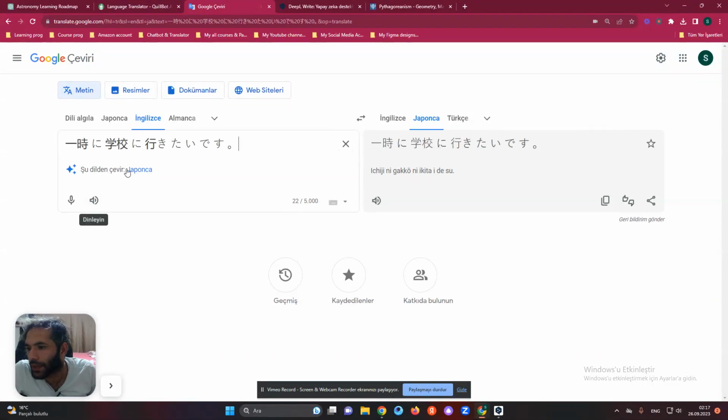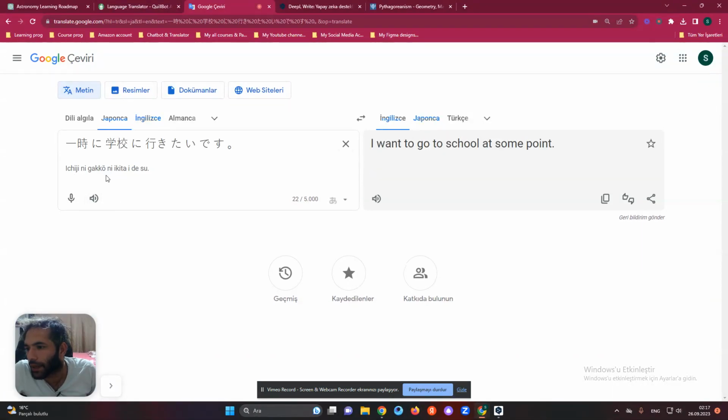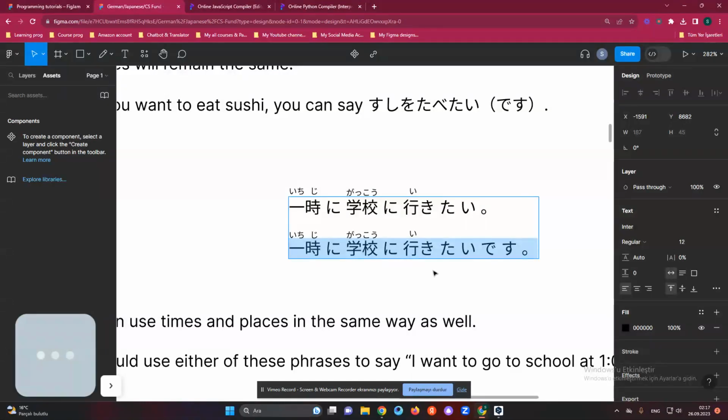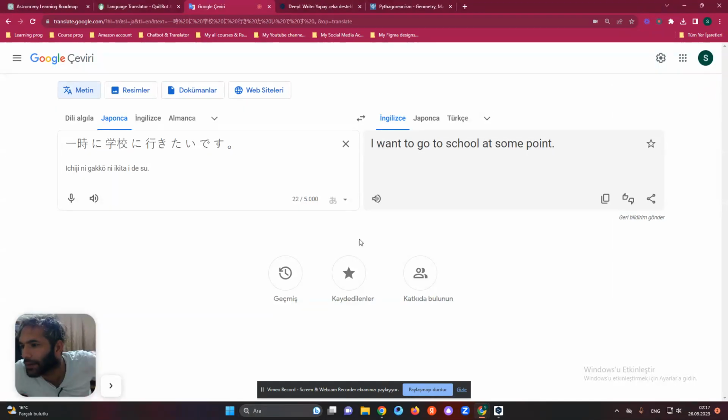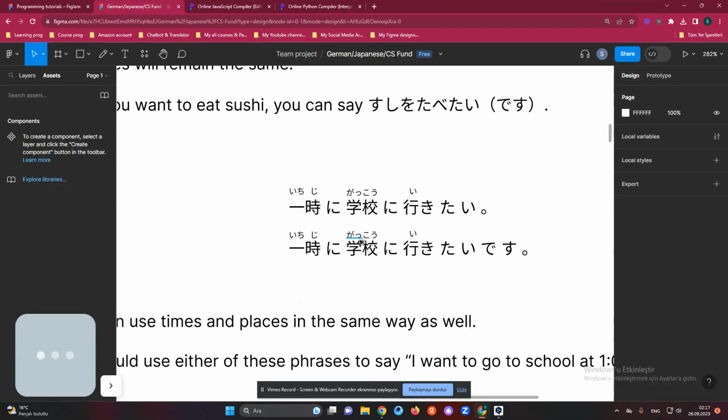How do you pronounce that? Gakko ni. Crazy. It's gakko ni because it's ni. Two is always mixing my mind. Okay. So, gakko ni, I think. Yeah. 1時に学校に行きたいです. Or 1時に学校に行きたい.